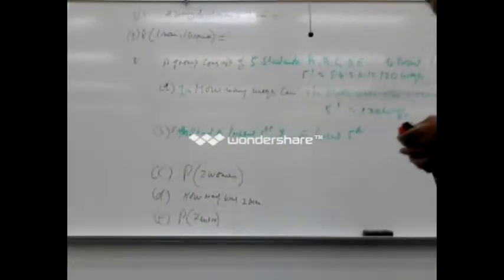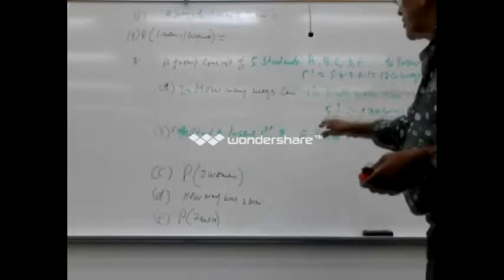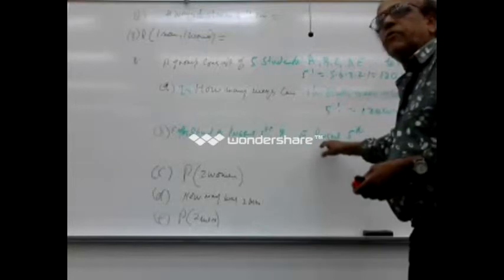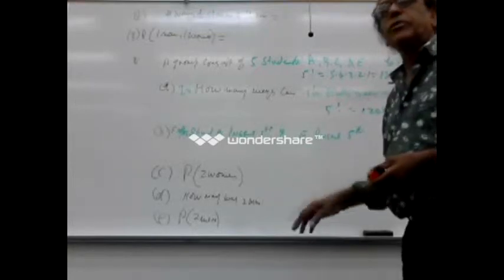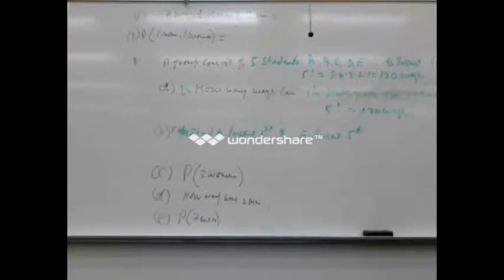So if you look at this here, there is some arrangement, some ordering of the students involved here. So therefore, definitely we'll be using permutation, but not combination. So you see, you want to read this problem, use some critical thinking, figure out whether permutation, whether ordering is involved. So here ordering is involved.